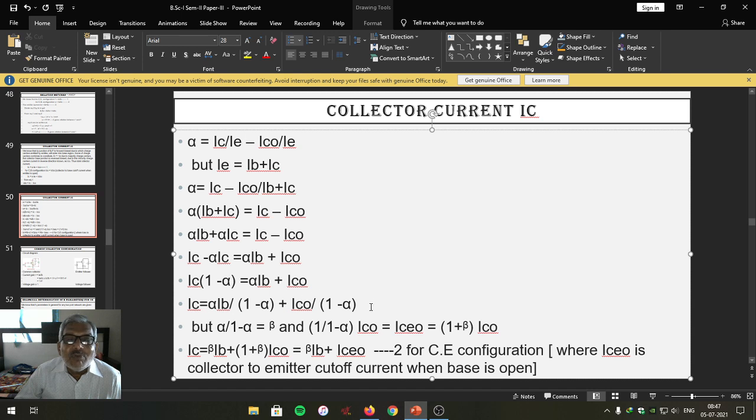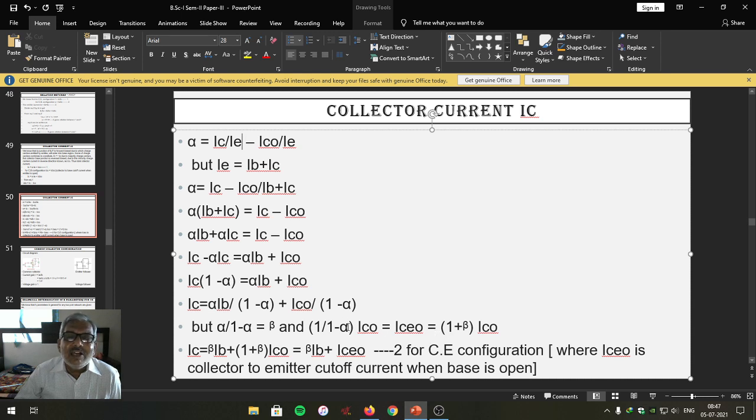Whereas 1 upon 1 minus alpha into ICO, it is ICEO. ICEO is 1 plus beta into ICO. Means 1 upon 1 minus alpha can be written as 1 plus beta. Try to solve. How it is to be solved?